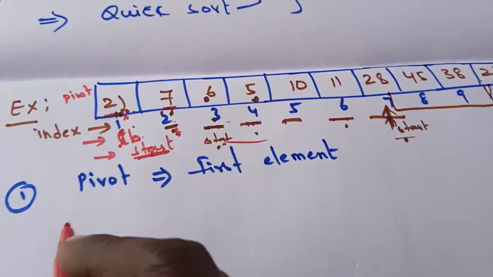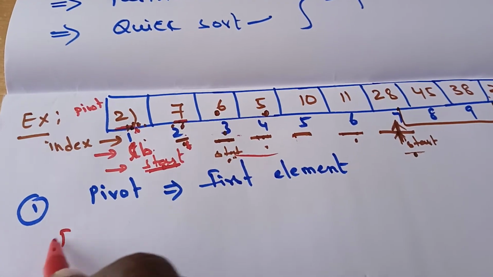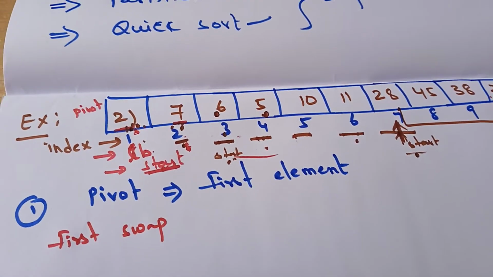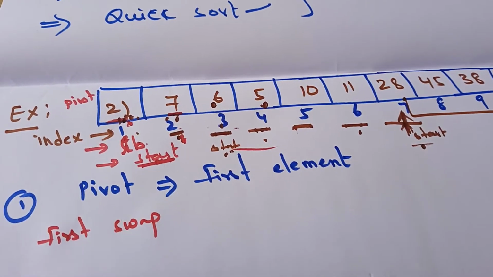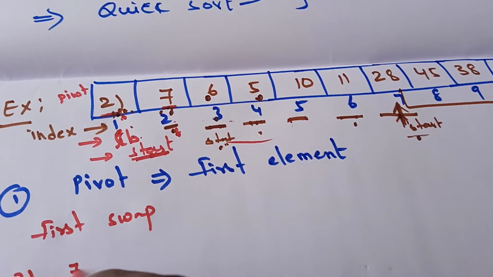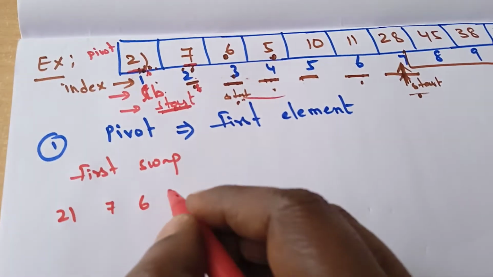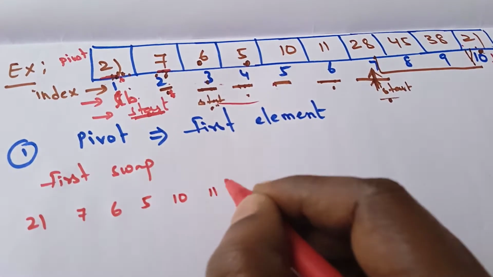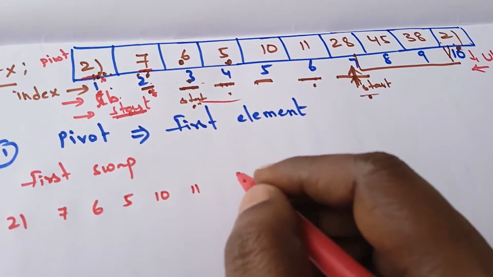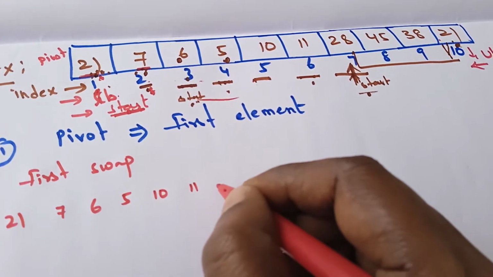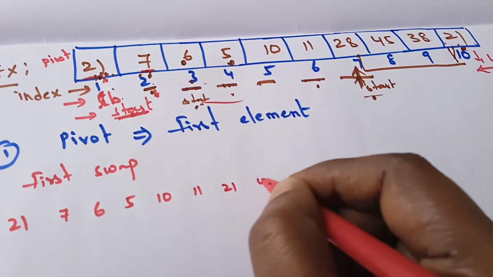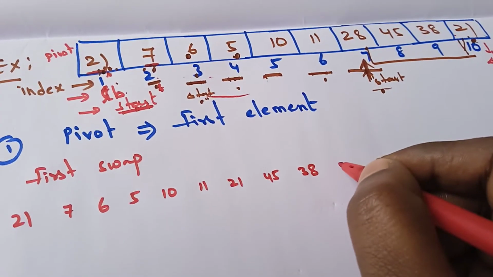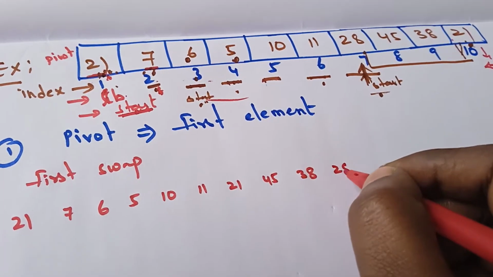So after the first swap, the elements are 21 7 6 5 10 11 21 45 38 28.